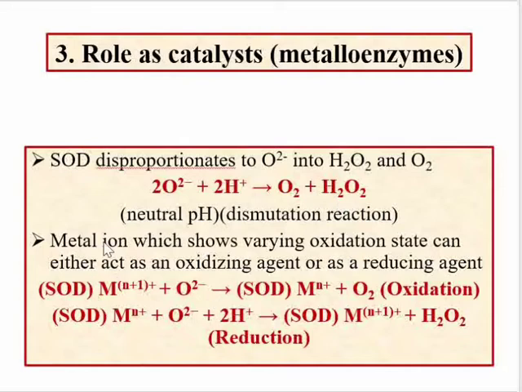Generally, a metal ion that shows varying oxidation states can act as an oxidizing or a reducing agent. Here the metal center gets reduced and oxidizes the superoxide, and in the next reaction the metal ion is oxidized and the superoxide ion gets reduced. In this way, due to the varying oxidation state of the metal center, disproportionation of superoxide takes place in the presence of superoxide dismutase.